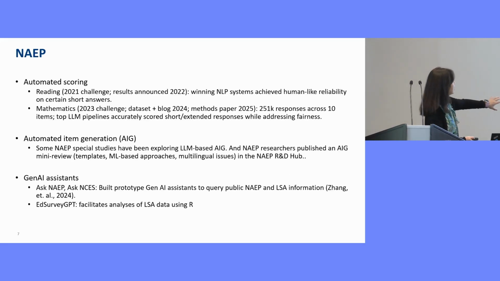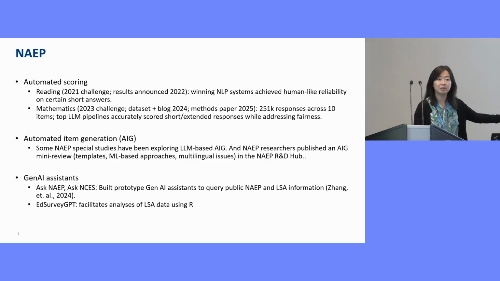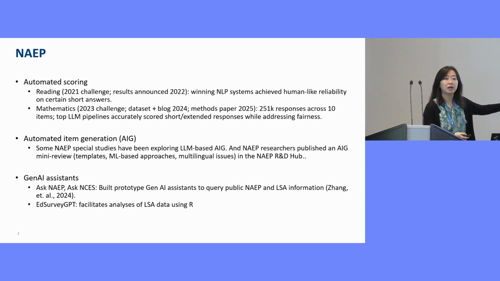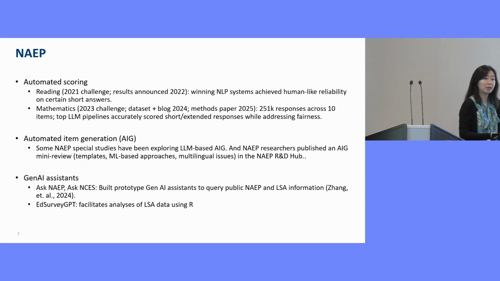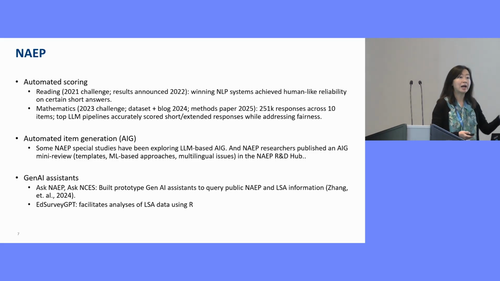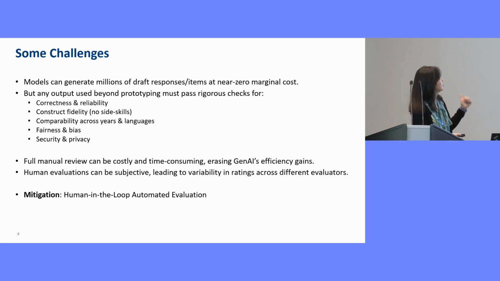So today's talk is about the Gen AI assistant my team developed for NAEP. We developed a couple of Gen AI chatbots to help search information. We also developed a chatbot that can facilitate the data users to program in R. I'm going to focus today on just one solution, and I'm going to talk about the evaluation part, because that's actually the key part.